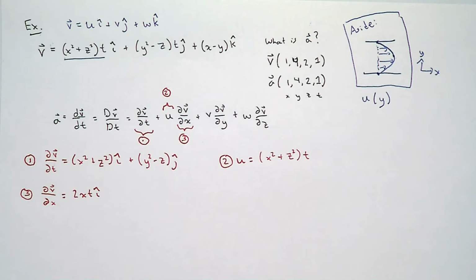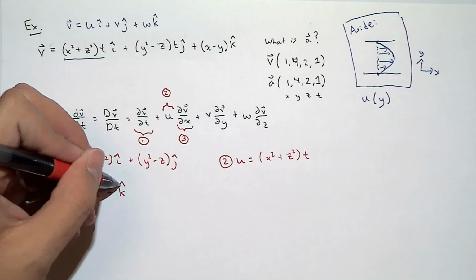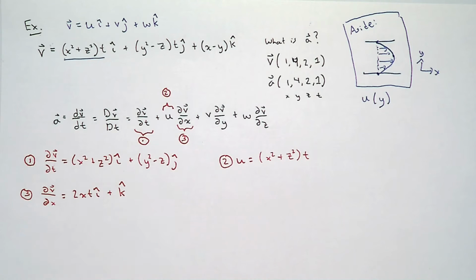What else? Plus k, good. Does everybody understand how we landed at this expression of 2xti plus k? Okay.